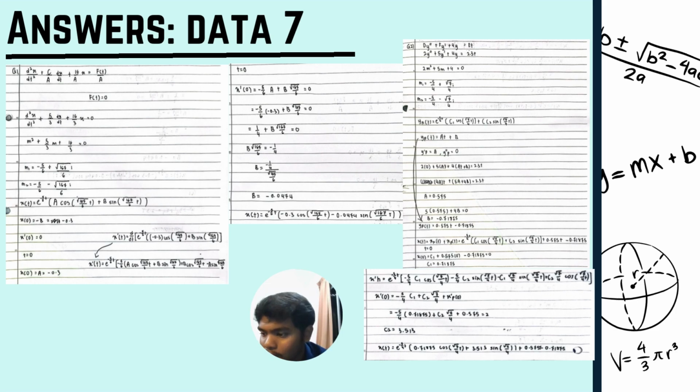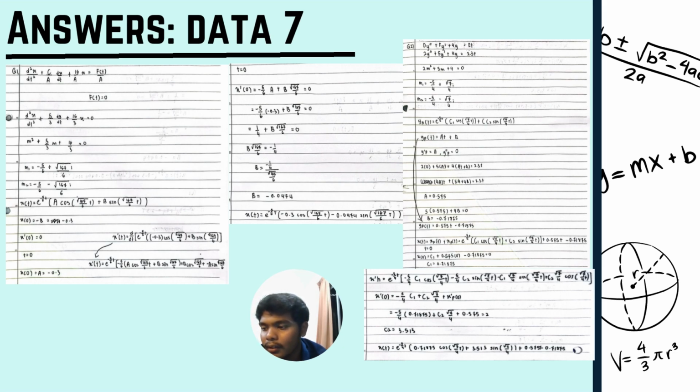So we're just going to put it into the equation. So it's going to be exponent negative 5 over 6t, in brackets negative 5 over 6 a cos square root of 167 over 6t plus b sin square root of 167 over 6t, plus b cos square root of 167 over 6t plus minus a sin square root of 167 over 6t.